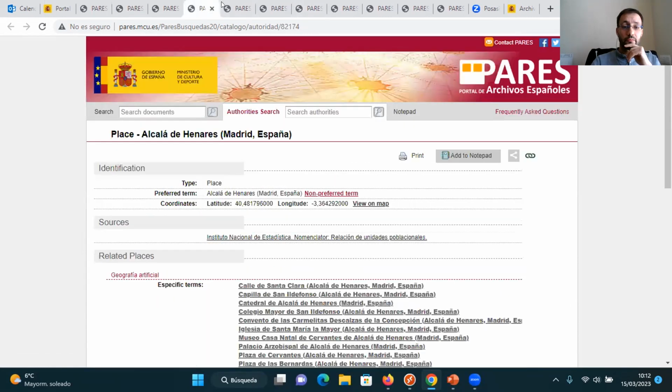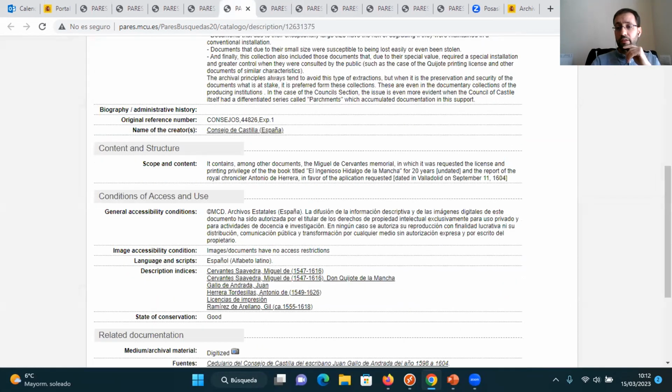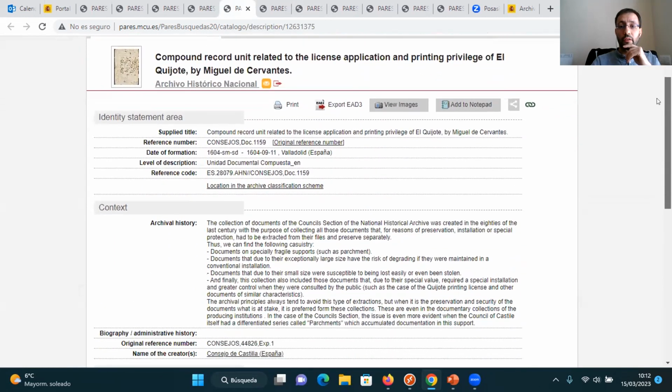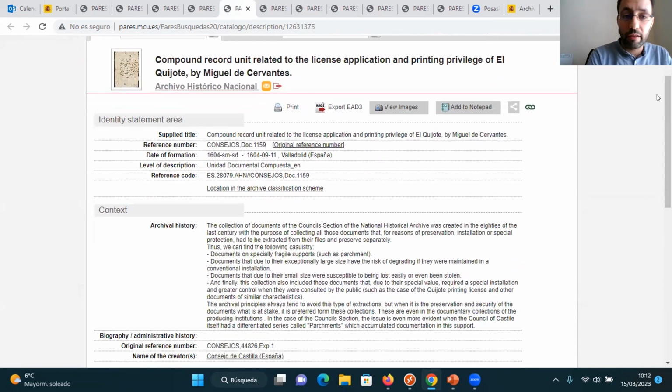One of them is this record, this document, the printing privilege of El Quijote, of the book of the Quixote.